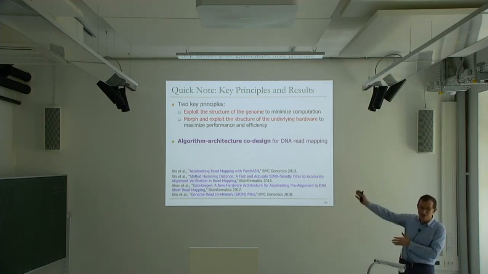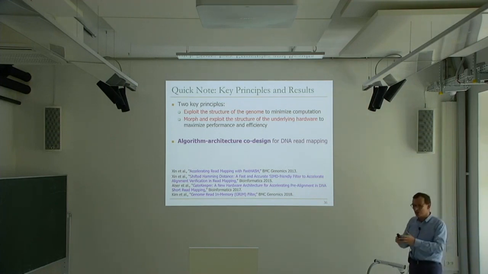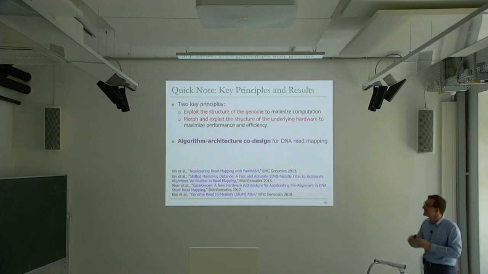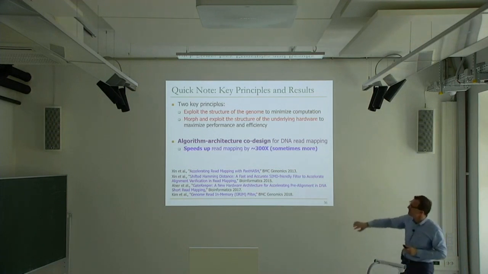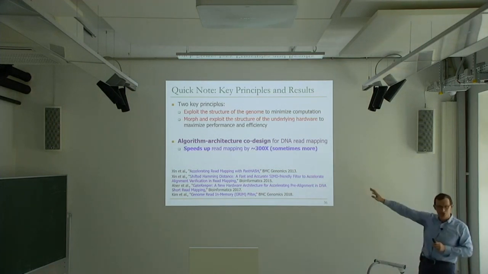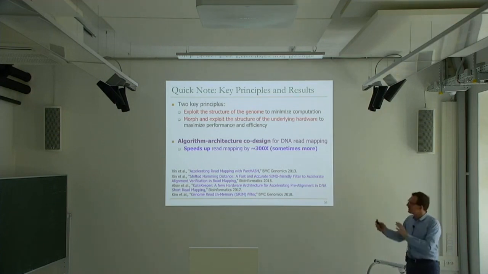In this case, the domain is DNA read mapping, which is a very small part of the genome sequence analysis pipeline, as you will see in a couple of slides. But it's a very important part of the analysis pipeline. And in the end, we can speed up read mapping by 300x. I think it's sometimes more, depending on the inputs. I didn't do all of the calculations.